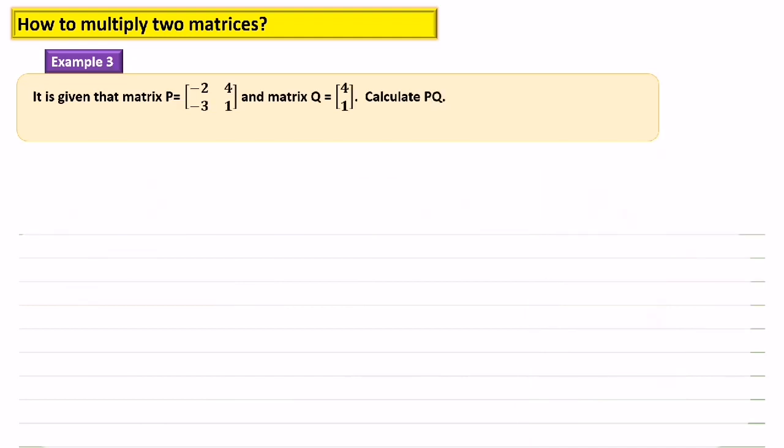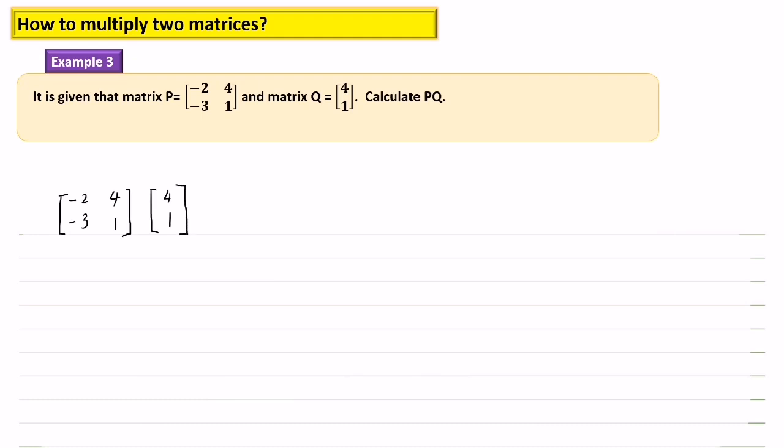Okay, we proceed to example 3. It is given that matrix P equals negative 2, 4, negative 3, 1, and matrix Q equals 4, 1. Calculate PQ. Multiply with 4, 1.